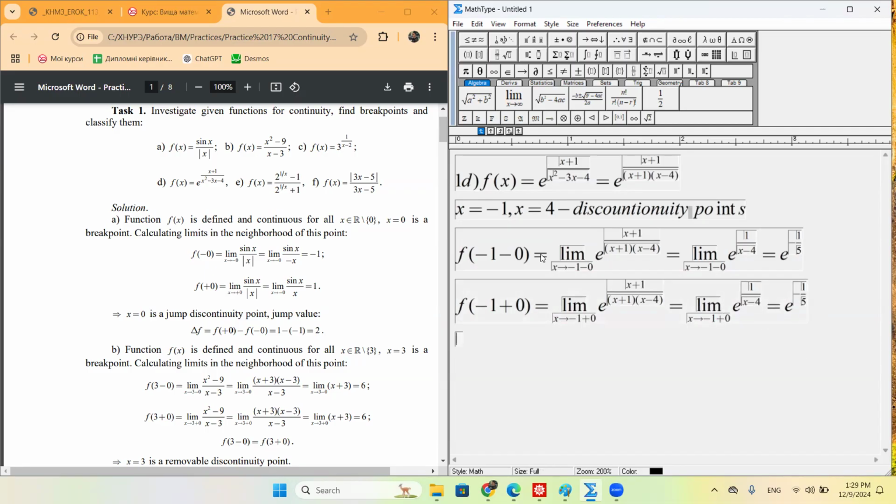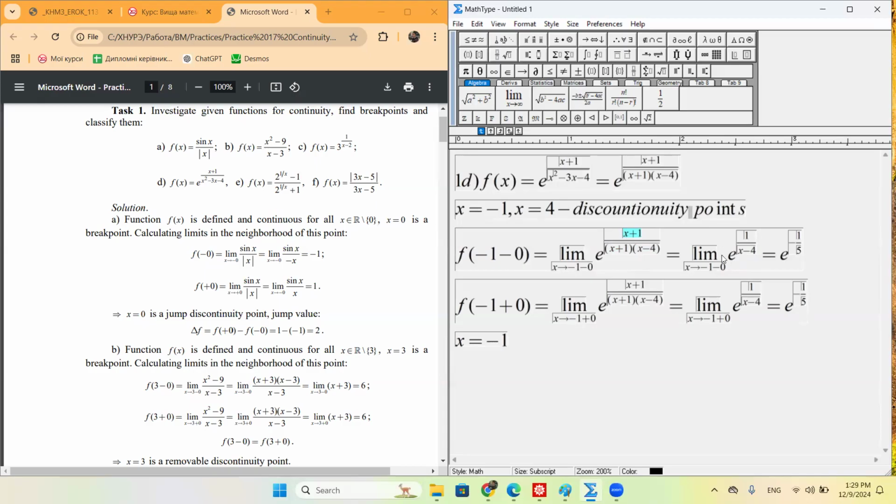So x equals minus 1 is a discontinuity point. Which kind? Can I ask why the function is at minus 1 minus 0? We get the exponential in the power of minus 1/5. We have x plus 1 in the denominator and x plus 1 in the numerator, so we eliminate the indeterminate forms.